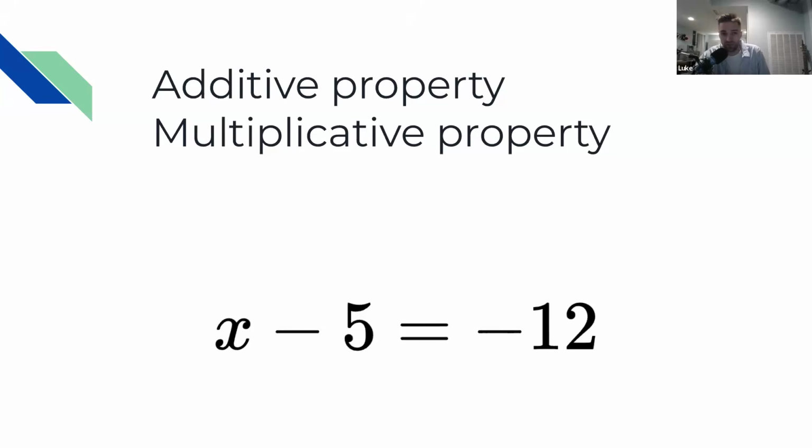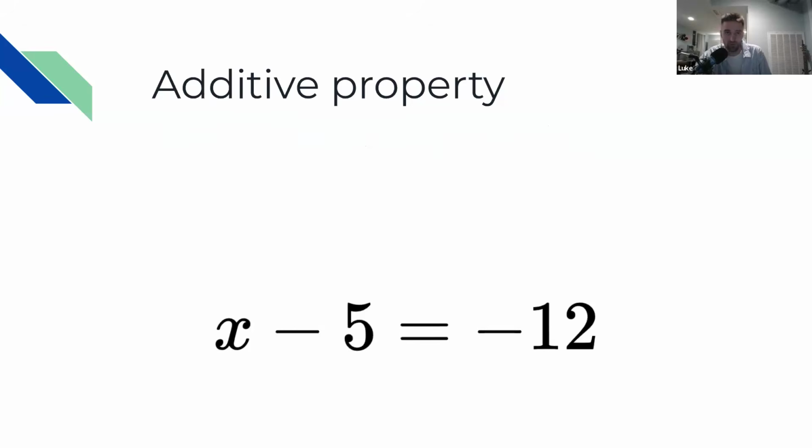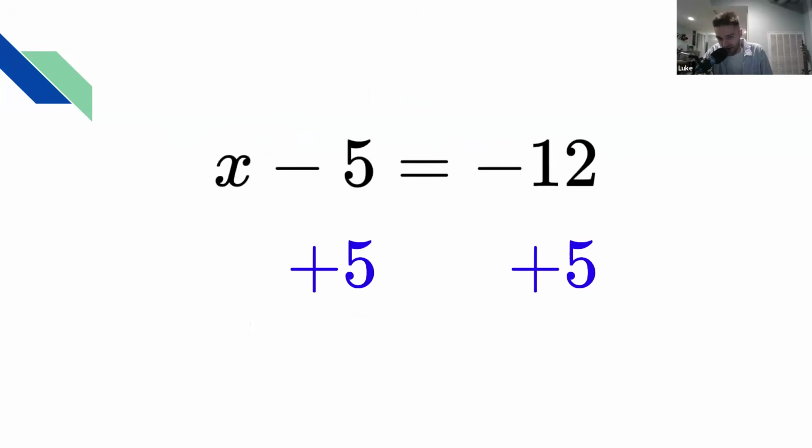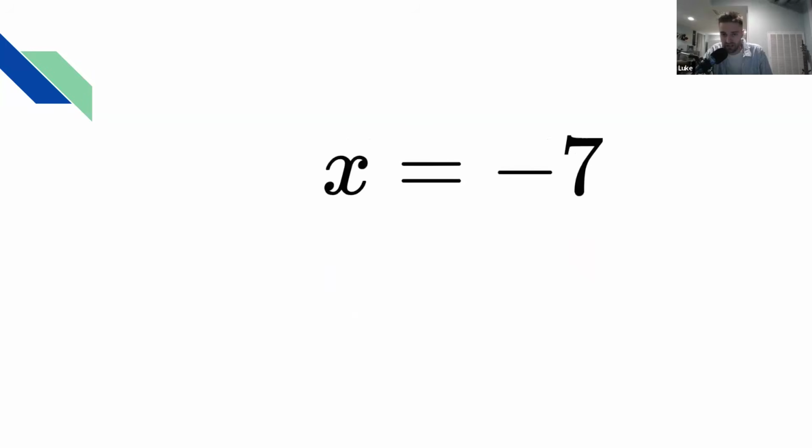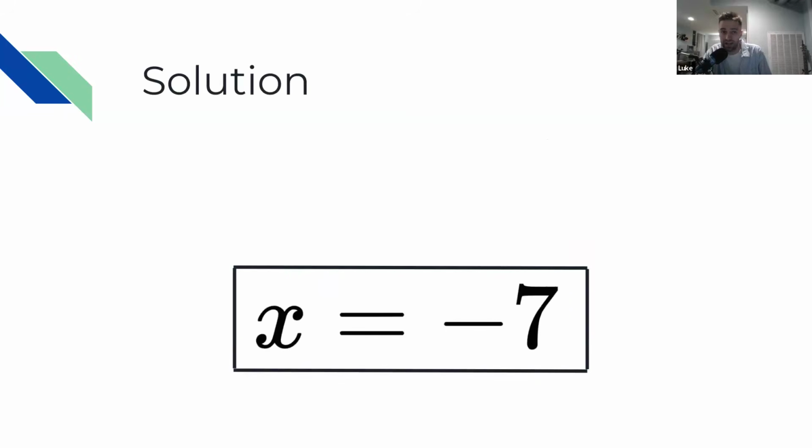So we definitely want to use the additive property to solve this equation. I'm going to add 5 to both sides, and that gives us x equals negative 7. So the solution to this equation is x equals negative 7.